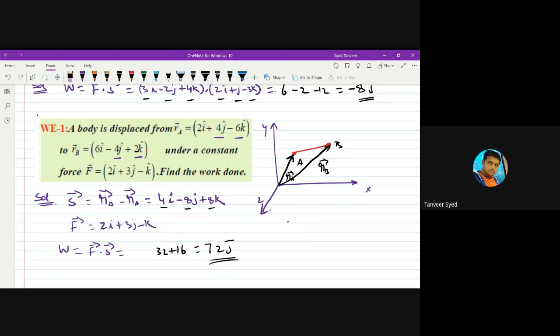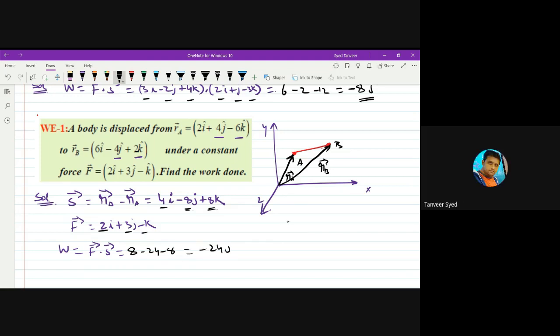Okay. Now multiplying force with displacement: 2 into 4, 8. 3 into minus 8, minus 24. Minus 1 into 8, minus 8. The 8 and minus 8 cancel, leaving minus 24.